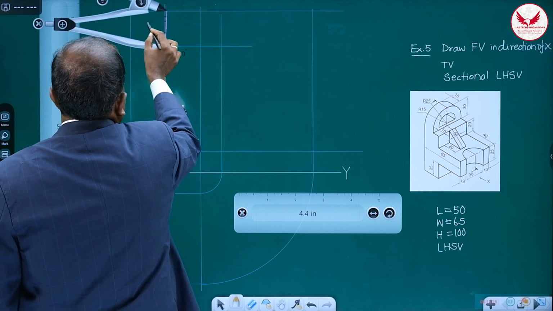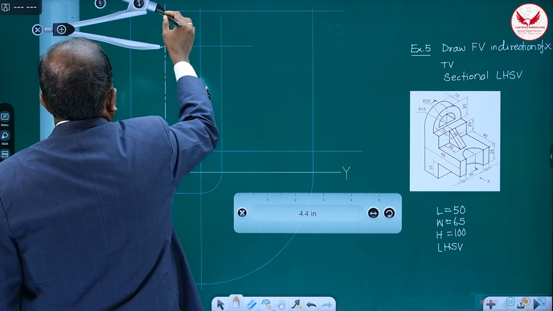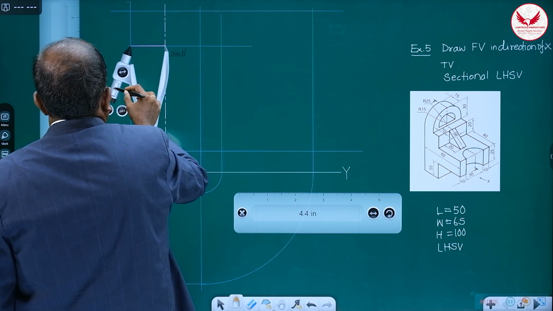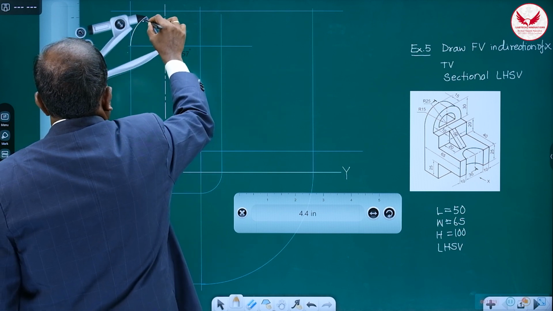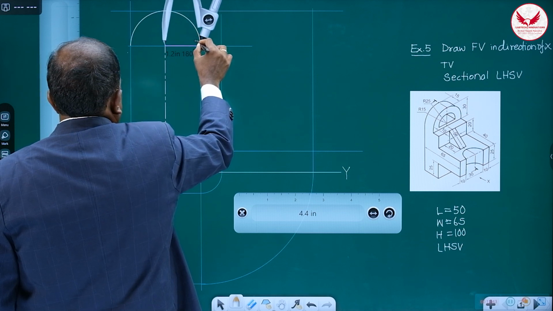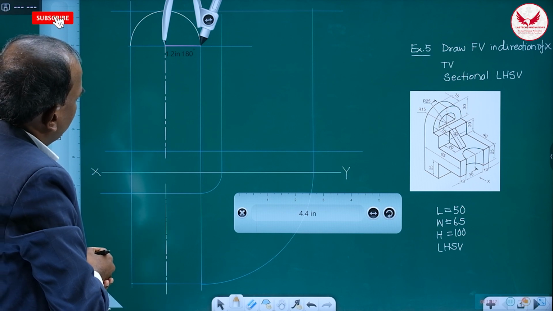Yes, it is matching. When drawing is perfect, such a problem will not be there. From this you can draw the semicircle of 25 mm radius. So this is the semicircle with 25 mm radius.